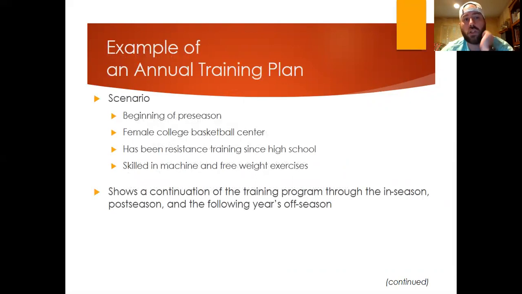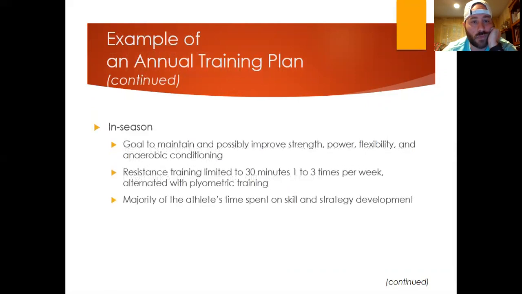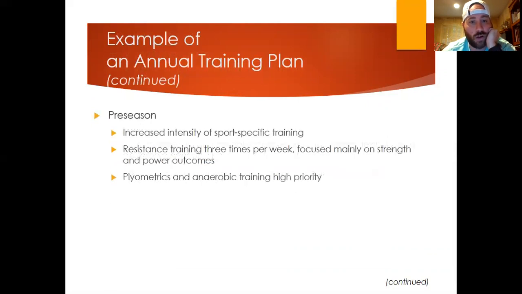So if you want to look at an example of an annual training program, here's the basic breakdown. I've also got some material that I'm going to upload onto Blackboard, so I'm not going to talk about all of this. You can read this portion and put it together. The pictures on Blackboard break it down in a couple of different ways.